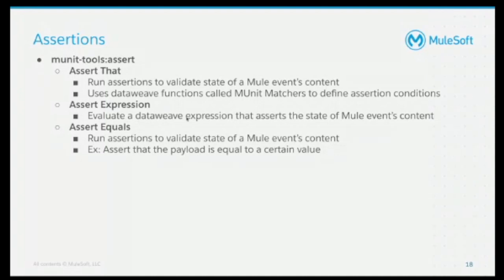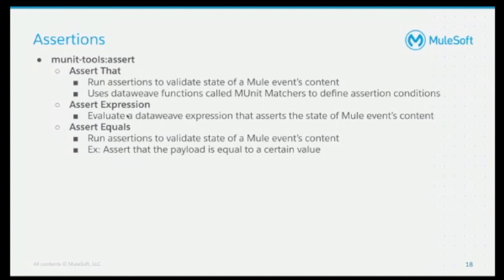I'll show you. The MUnit test recorder will actually use the assert expression, and it will create those DataWeave expressions automatically. So you can have those assertions externalized in a DataWeave file, and you call it using the assert expression. So assert that uses the inbuilt functions called MUnit matches, which has certain DataWeave functions automatically provided out of the box to do the comparison.